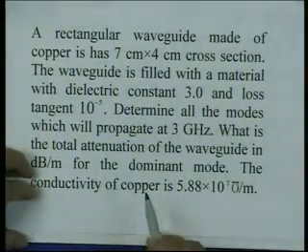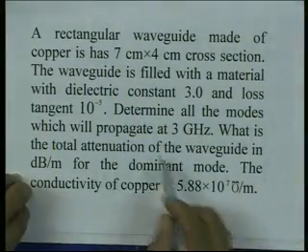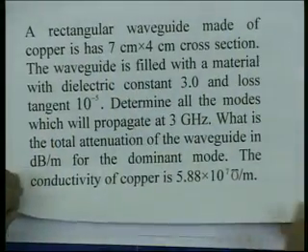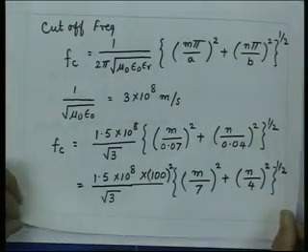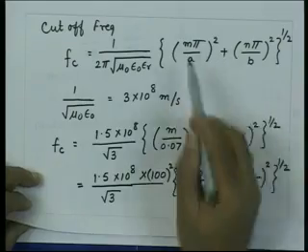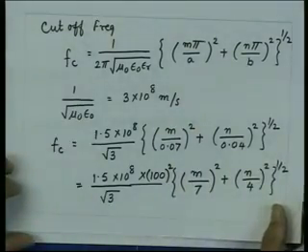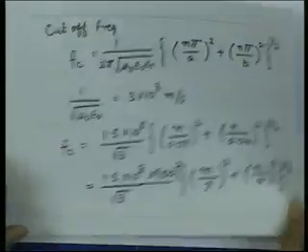So, essentially see what we have done in this problem. Firstly, we were asked to find out how many modes will propagate inside this waveguide. At a given frequency, the dimensions of the waveguide are given, the dielectric constant of the medium filling the waveguide is given, and we are asked to find out how many modes will propagate. So, first we find out the cutoff frequency for modes, then we find out a condition on m and n for which the cutoff frequency will be less than the frequency of operation, which is 3 gigahertz.